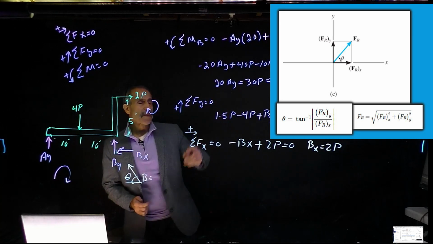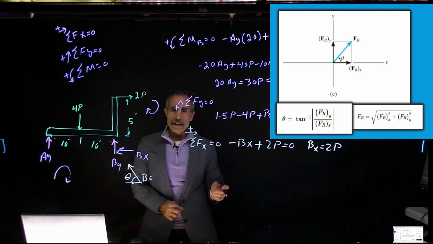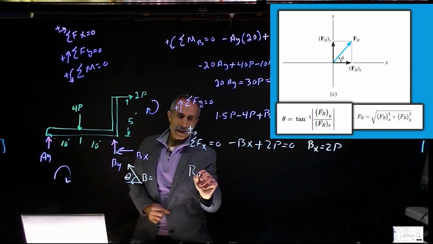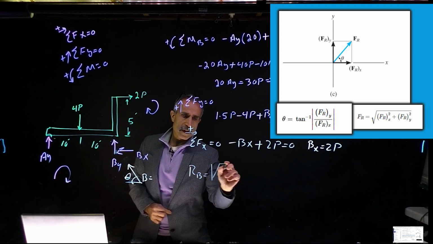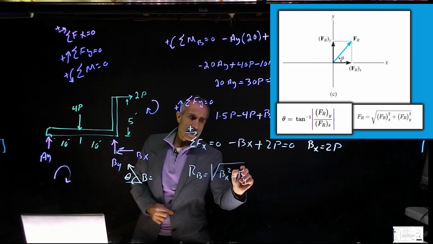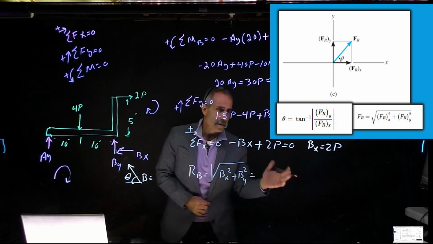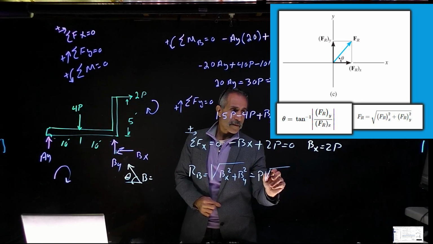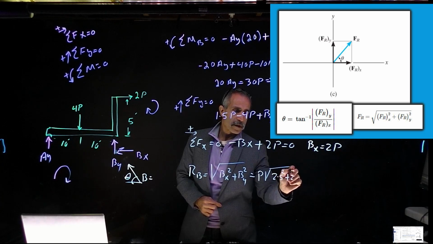And we look at the formula up there on the board, and we talked about that before. So R of B is going to be, in this case, the square root of BX squared plus BY squared, which is equal, I'm just going to take the p out for now, to 2.5 squared plus 2 squared.